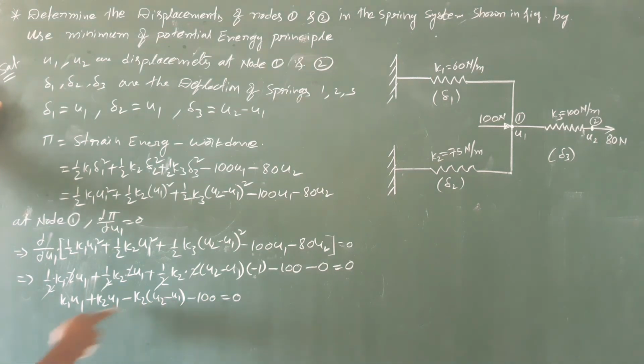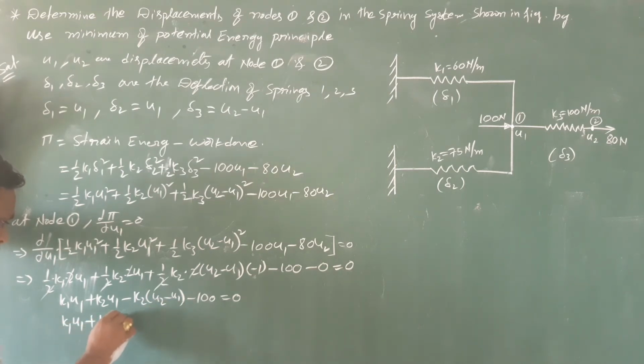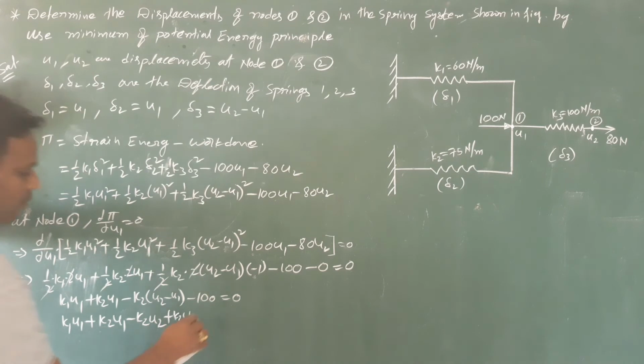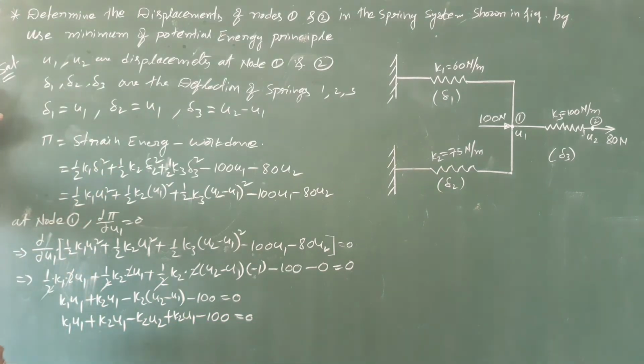So simplify this equation: k1 u1 plus k2 u1 minus k3 u2 plus k3 u1 minus 100 is equal to 0.